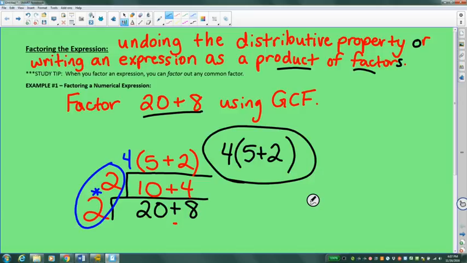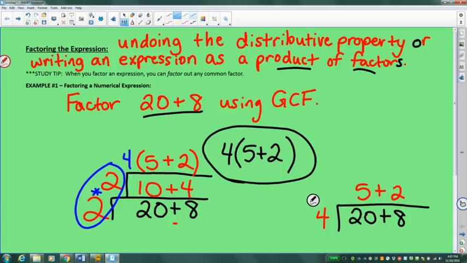Okay? Now, what happens if I wouldn't have taken 2 out? What happens if I would have started my problem at 20 plus 8, and I took that and made it my cake layer and noticed that 4 goes into both 20 and 8? If I noticed that right away and divided both of them by 4, 20 divided by 4 is 5. Bring up the plus sign. 8 divided by 4 is 2. So I have 5 plus 2. I notice, is there any number that goes into 5 and 2?